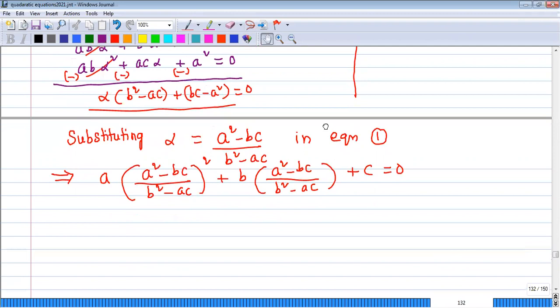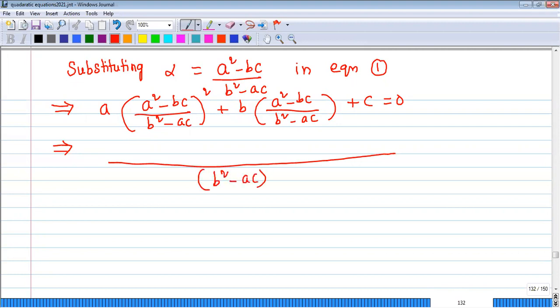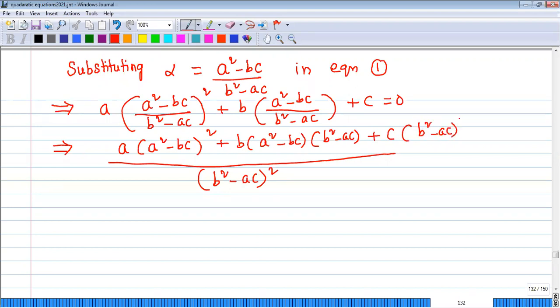This we need to simplify. Now how could you simplify? The LCM will be b square minus ac whole square. Now a times a square minus bc whole square, plus b times a square minus bc into b square minus ac, plus c times b square minus ac whole square equal to 0. So now we need to simplify this.